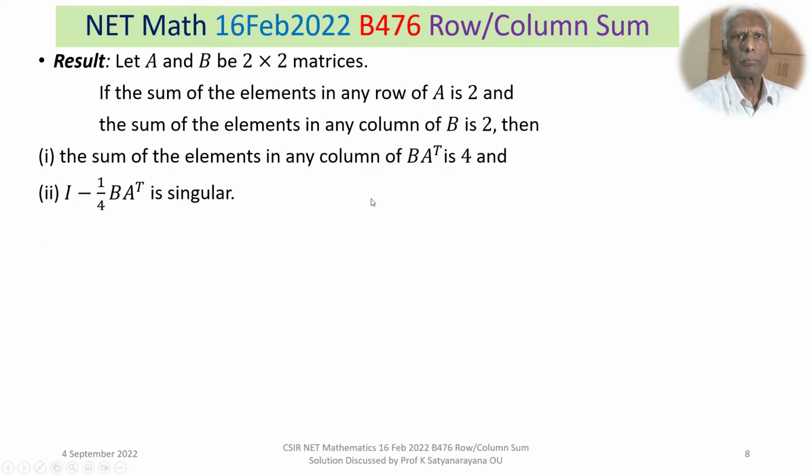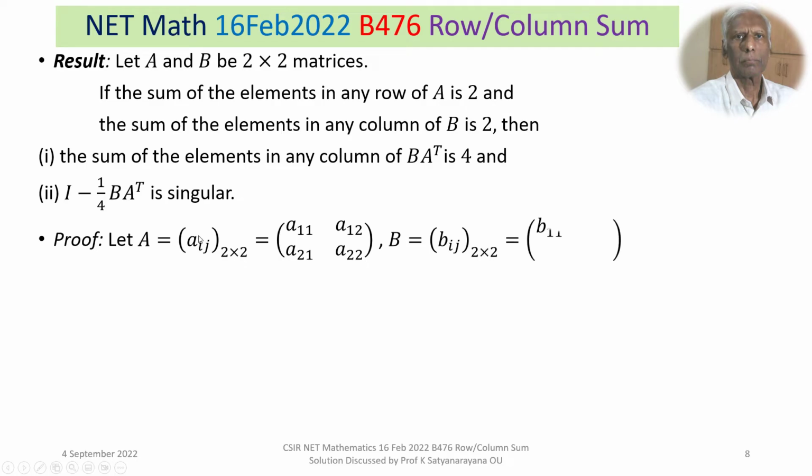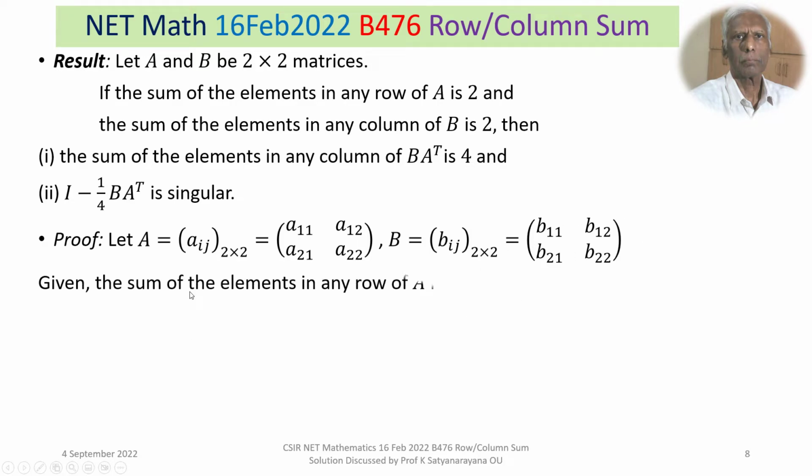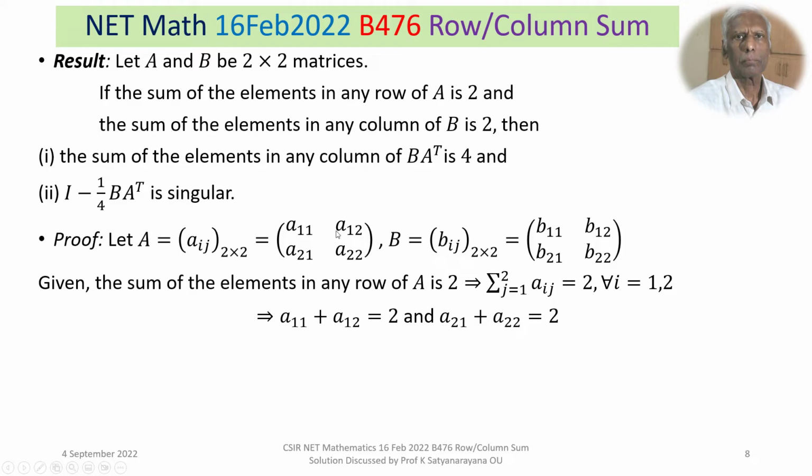Agreed. So the proof is, let A be Aij, 2 by 2. This is the matrix. B is equal to Bij, 2 by 2. This is the matrix. And given the sum of the elements in any row of A is 2, that is A11 plus A12 is 2, A21 plus A22 is 2.